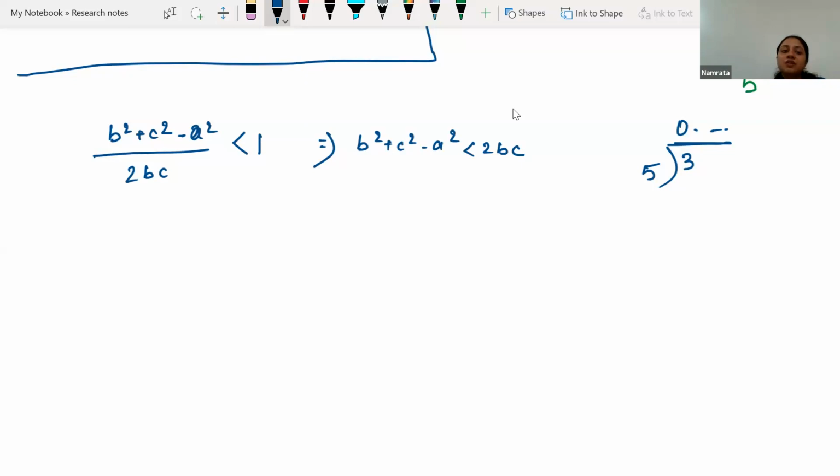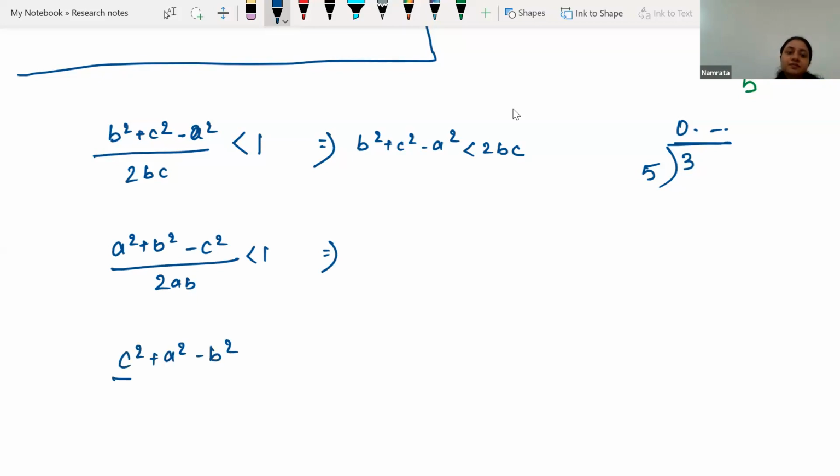Similarly, the next formula was a square plus b square minus c square by 2ab less than 1. We will be getting the same thing just like the first one. And the next one is ab, bc, ca. Here also we will be getting the condition.